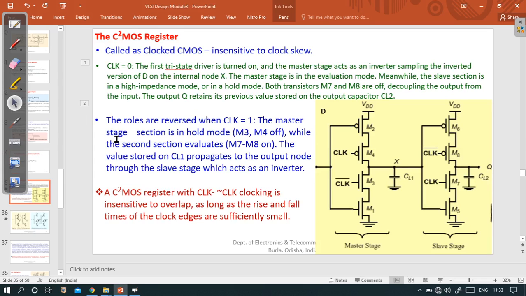Next we will come to the next topic, which is the C square MOS register, and this C square MOS is actually called a clocked CMOS.